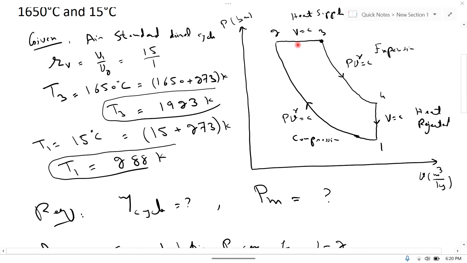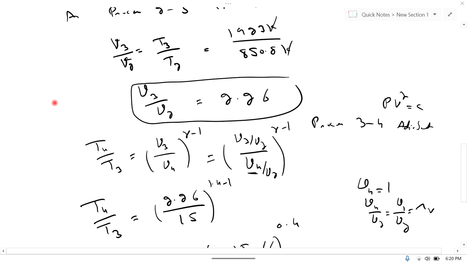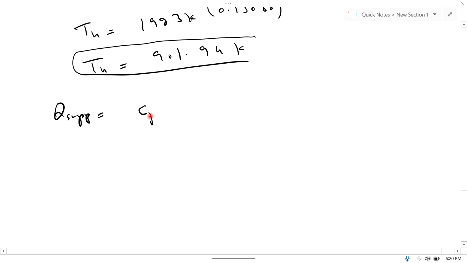Now we can find heat supplied, because heat supplied is at constant pressure from 2 to 3. Sorry, this is heat supplied at constant pressure, P is equal to C. So Q, heat supplied, is equal to Cp times (T3 minus T2), which is equal to 1.005 kilojoule per kilogram per Kelvin, T3 is 1923 Kelvin and T2 is 850.6 Kelvin.